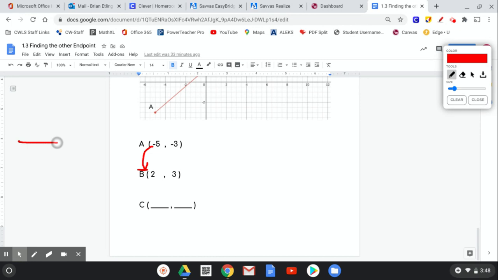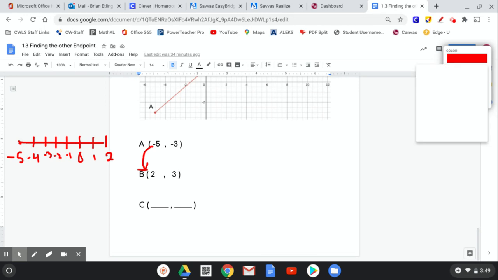So if we're on the number line, all right, and we're going from -5, and we're going to go over to 2. So we're going to go to -4, -3, -2, -1, 0, 1, 2. All right, so we have to see how far we traveled.